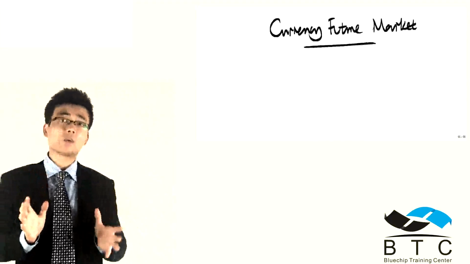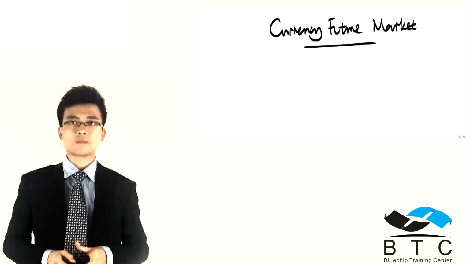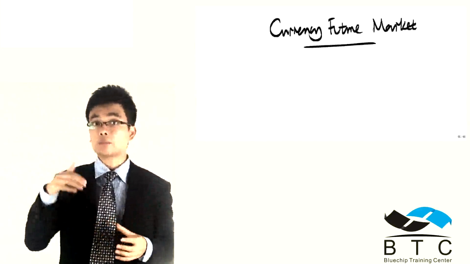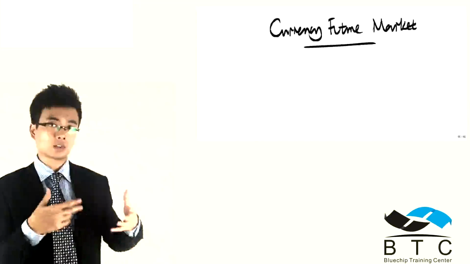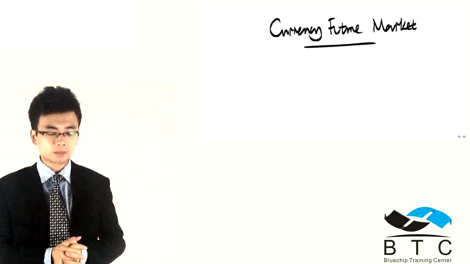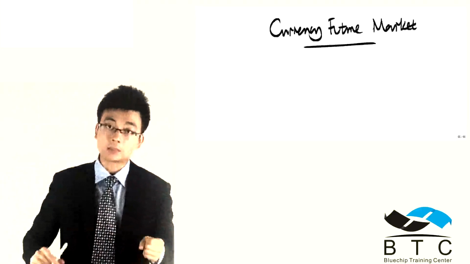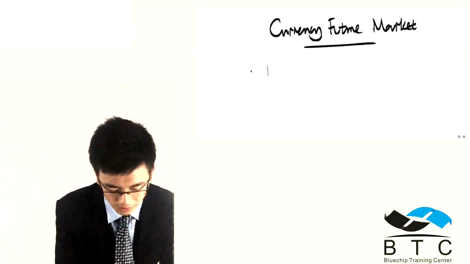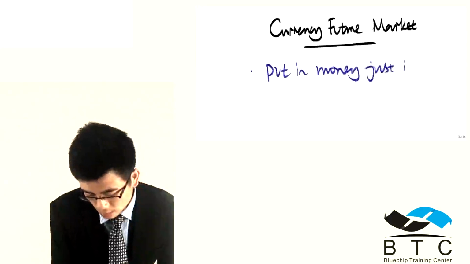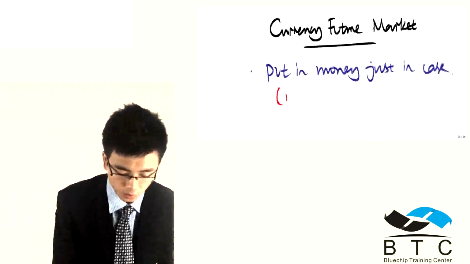So how does that work then? It is the same as the general futures market, to be honest with you. Firstly, you need to open up a futures account in the exchange and ring up the brokers, or you can buy or sell the futures contract on your own using the software or on the websites. That will be no problem. But before that, the exchange will require you to put in some money just in case you default on the payment, which is called margin.